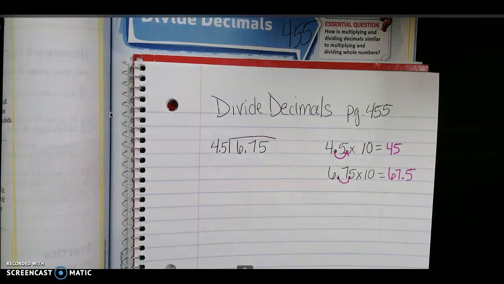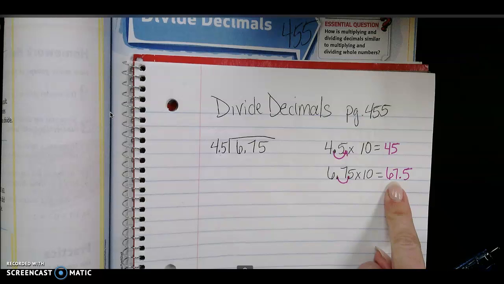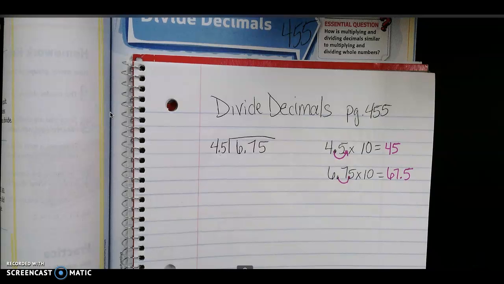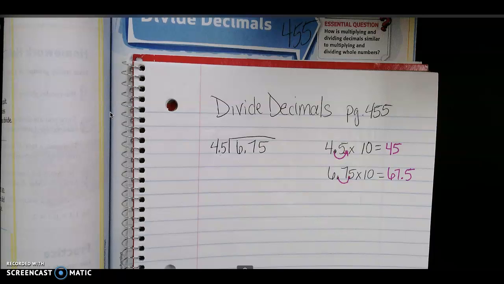You don't have to do all of this work all the time. This is not the work you will show me. I just want you to understand that when we move the decimal, we are multiplying by powers of 10. That's what allows us to move the decimal. We can't just move it willy-nilly.